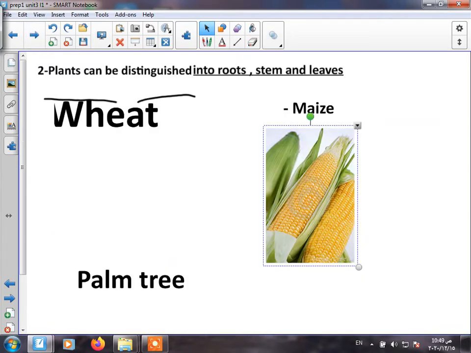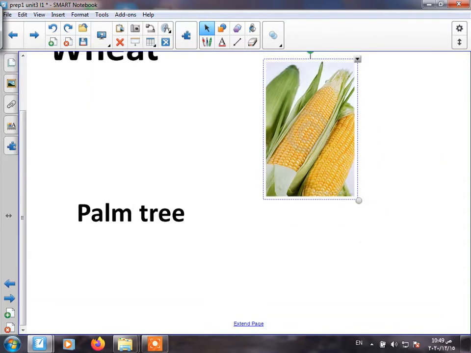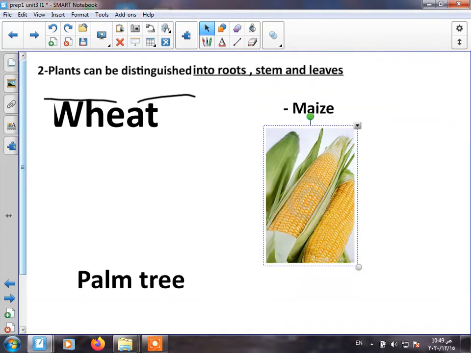I can see the root, for example in the palm tree. You remember the palm tree? I can determine where the root, the stem and the leaves are. So palm tree and maize, as you can see in the picture, can be distinguished into root, stem and leaves. We can see clearly its root, leaves and also its stem.